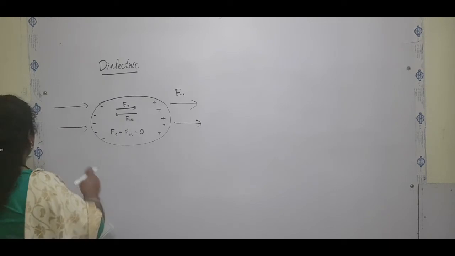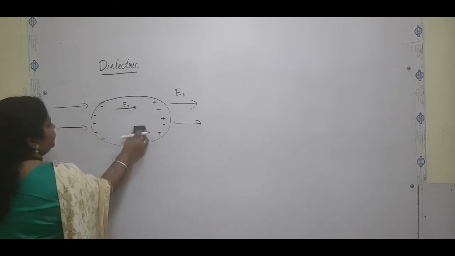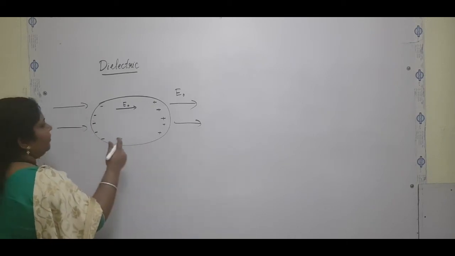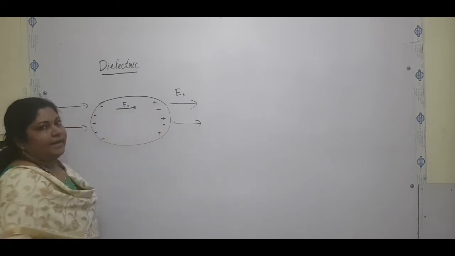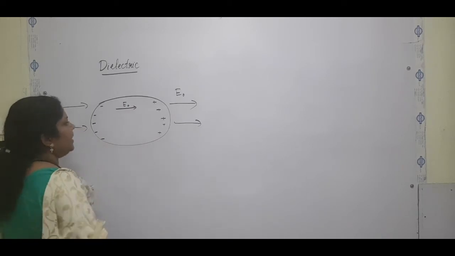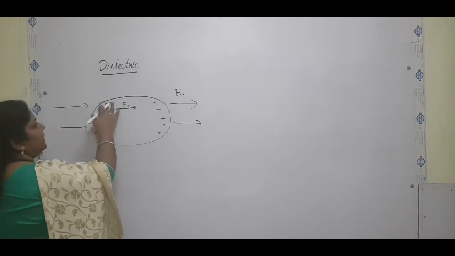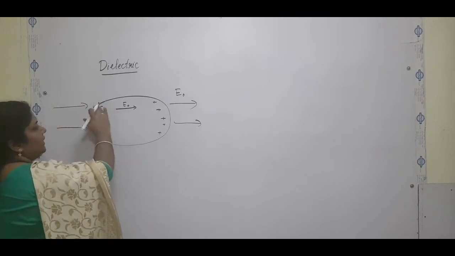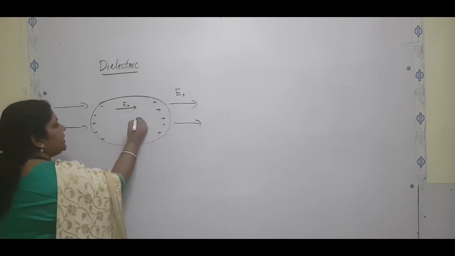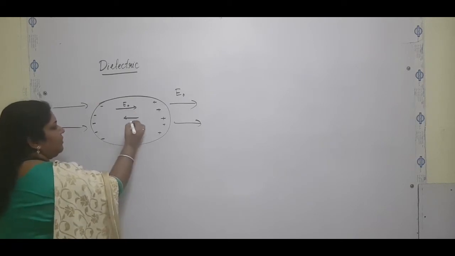Okay. So here in the case of a dielectric, an external electric field is applied. That electric field is in this direction, as we have already said. The free charge carriers are less in number. So here all the negative charges will be aligning, and all the positive charges also will be aligning. But an induced electric field is generated in the opposite direction of the applied field.